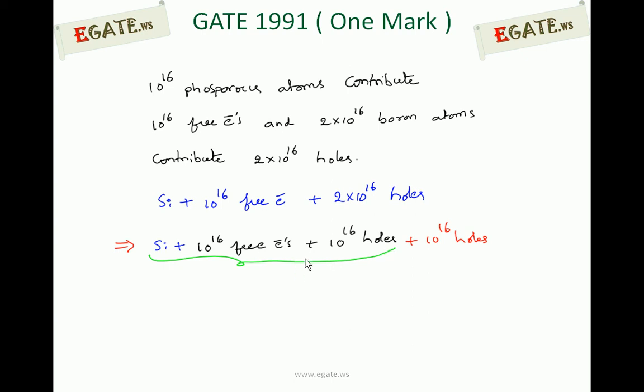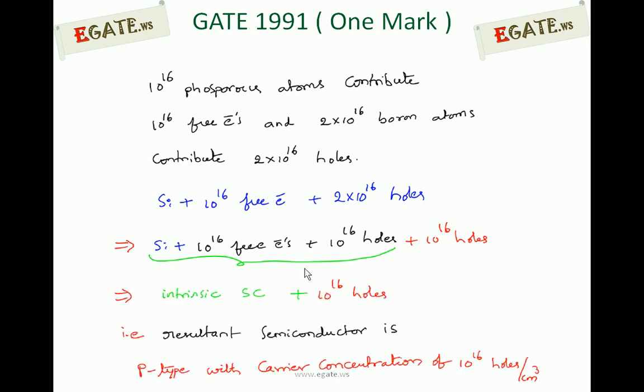So what remains is intrinsic semiconductor plus 10 power 16 holes. The effective doping is 10 power 16 holes, so the resultant semiconductor is P-type with carrier concentration of 10 power 16 holes per centimeter cube.